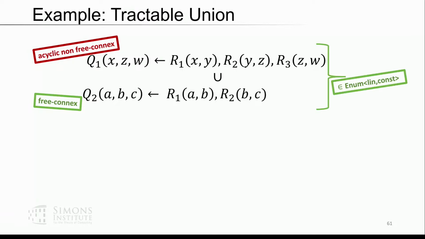The way we show it's easy is because you can notice that the hard part of Q1 is exactly what Q2 computes. Q2 computes the join of R1 and R2. And since we have this body homomorphism, so Q2 doesn't have extra atoms that don't appear in Q1, what Q2 computes here, this join, is not filtered on top of what we want.